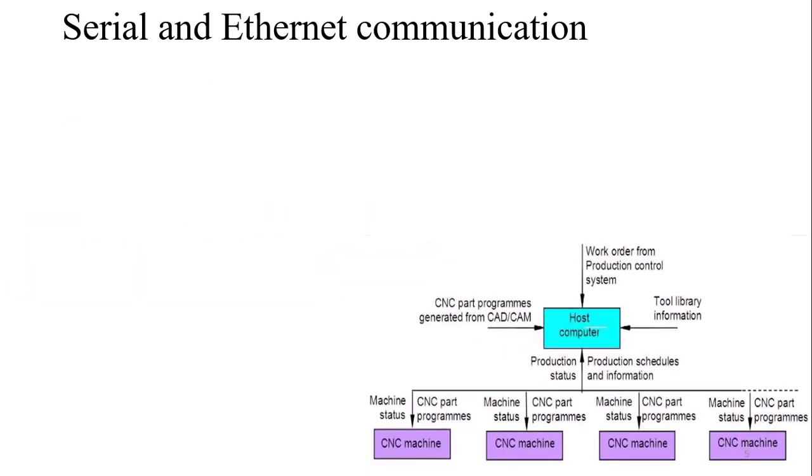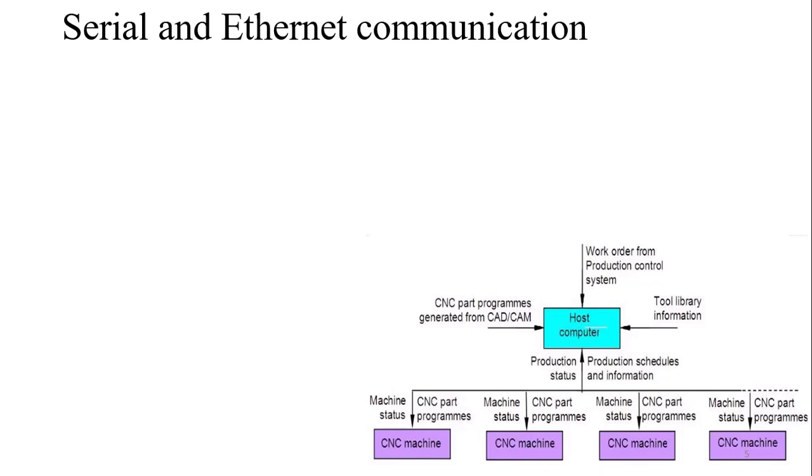Then we have Ethernet communication. This is widely used because fewer wires are needed for the data transfer. In Ethernet communication, the host computer is connected to each machine through a single wire. Sometimes Ethernet communication can use wireless communication also.